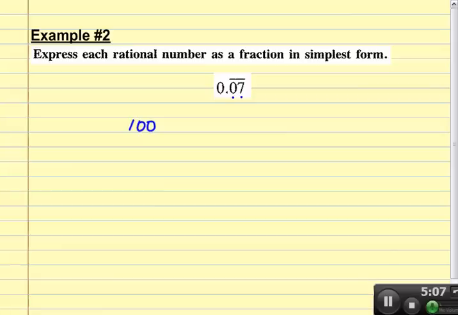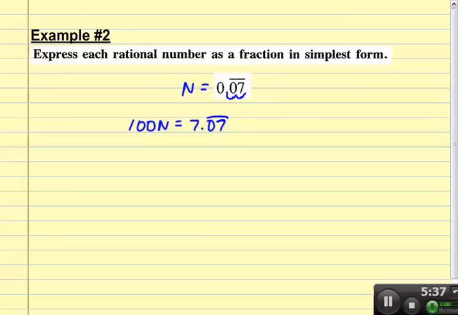Now, if I say that this is n equals 0.07 repeating, then 100n is equal to 7.070707, right? Now, it's that because I multiplied it by 100. I moved the decimal point 2 places to the right.